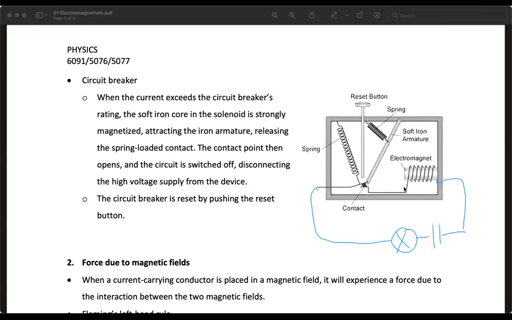Is that correct, Beiguan? Okay, so Beiguan was saying there's a pivot here. So same as what I mentioned just now. So far, no difference. There's a pivot here. So when the current is very strong, this whole thing would turn towards the electromagnet. Okay, then what happens next?